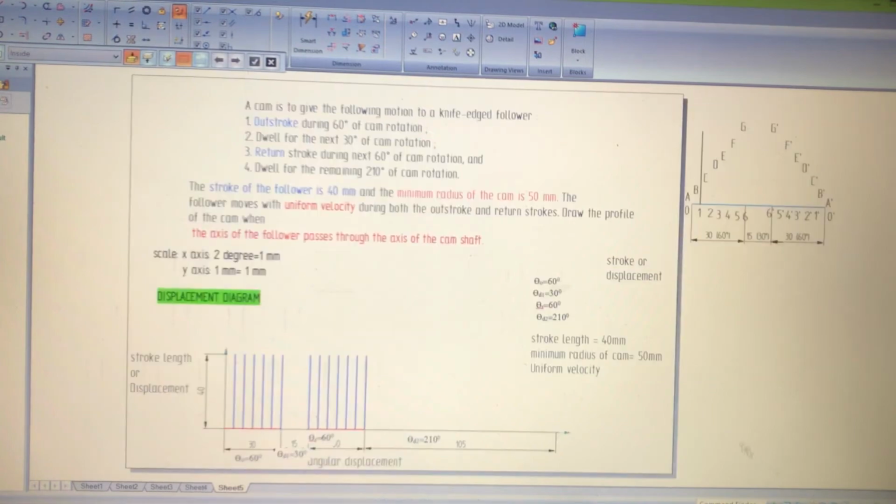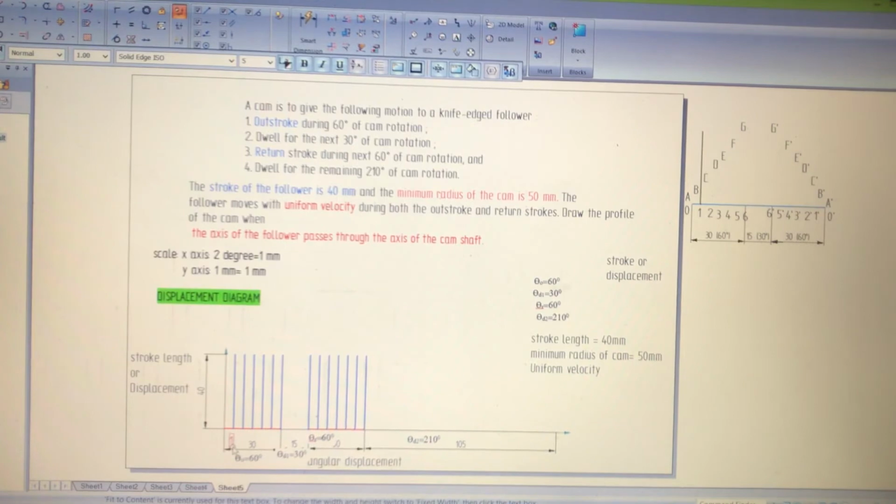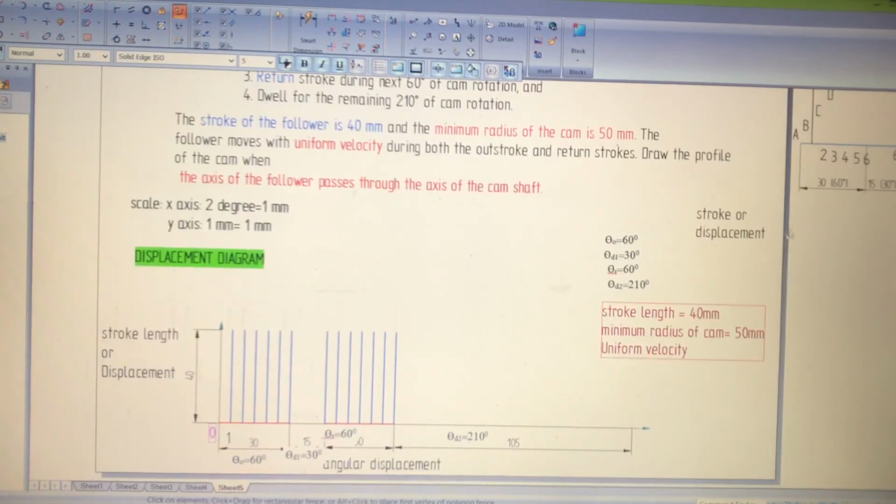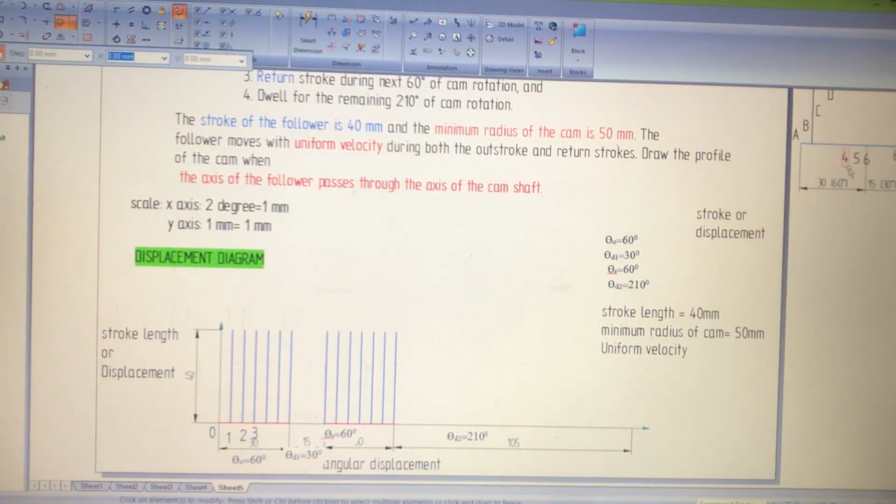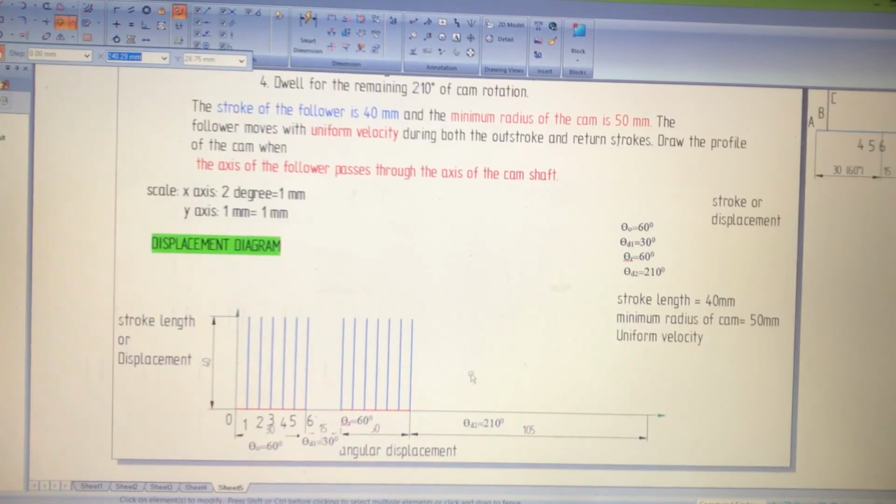The initial point is 0, then 1, 2, 3, 4, 5, 6, right?